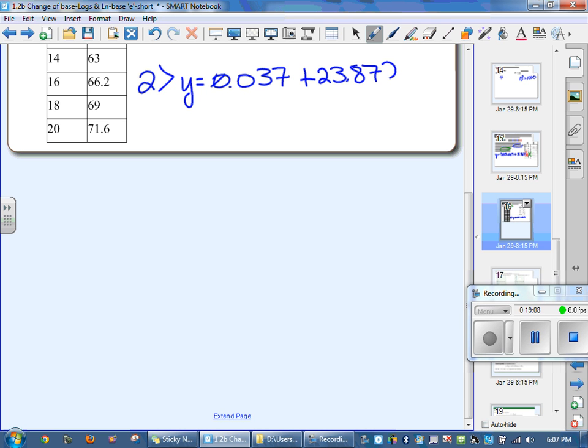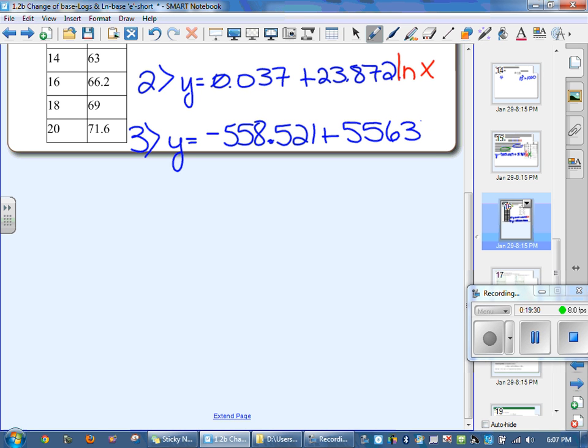The third one, equation for example 3, is going to give me an equation of y equals negative 558.521 plus 55.633, and on the end of that again you're going to have ln x. Okay, ln x goes at the end there. So right here you go, ln x at the end.